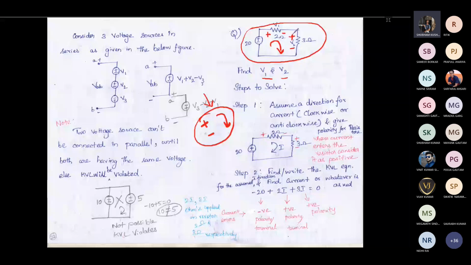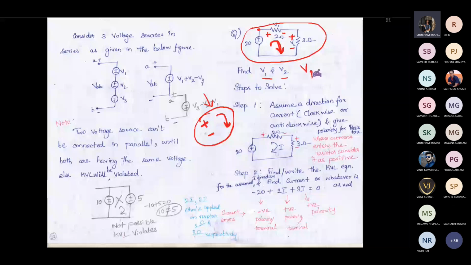Now this is the current. Now we are going to write the KVL equation, because with KCL you cannot find anything, since you do not know the current magnitude directly. To find the voltage, you need the current.